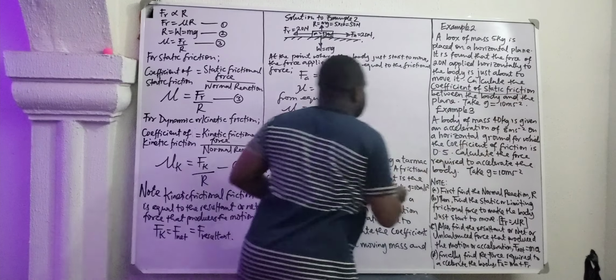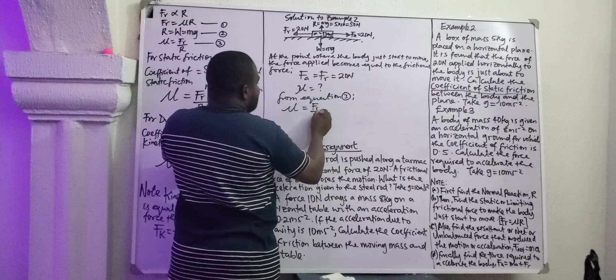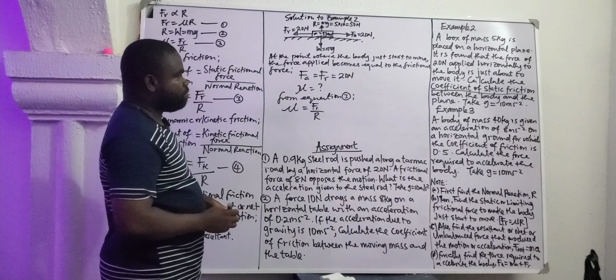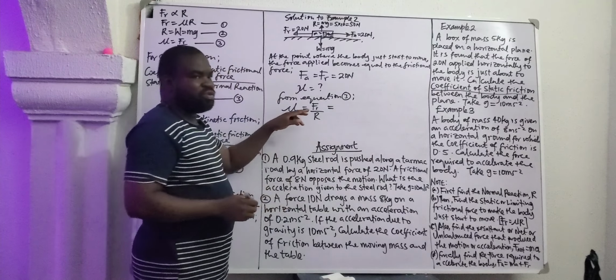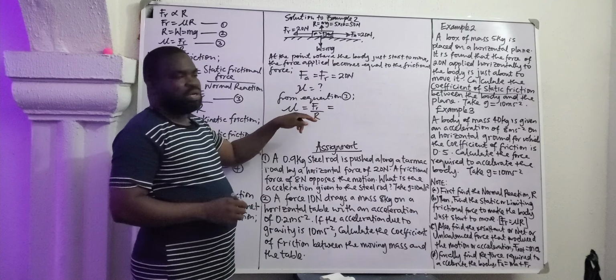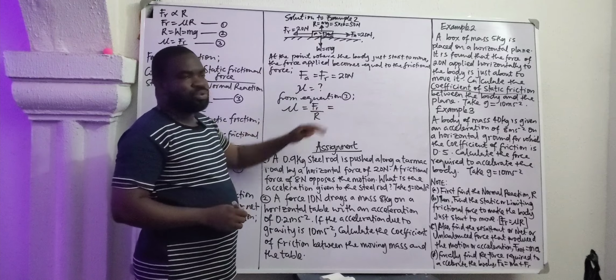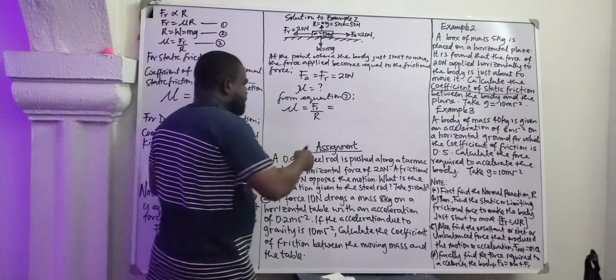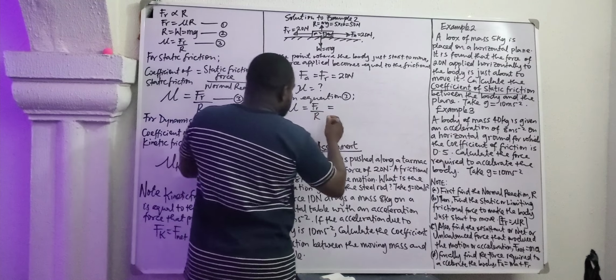The coefficient of static friction is the static frictional force over the normal reaction. Good. So I will substitute. Always state your formula before you substitute. And when you are substituting, please don't go with unit. In substitution, you put only the values. After getting the answer, you apply unit if there is unit for the quantity.